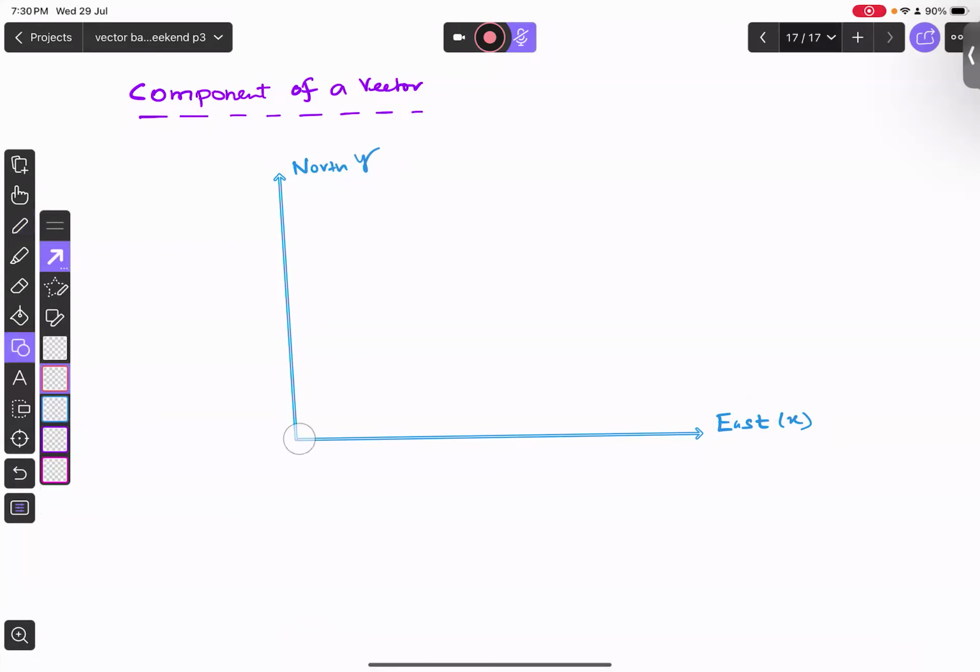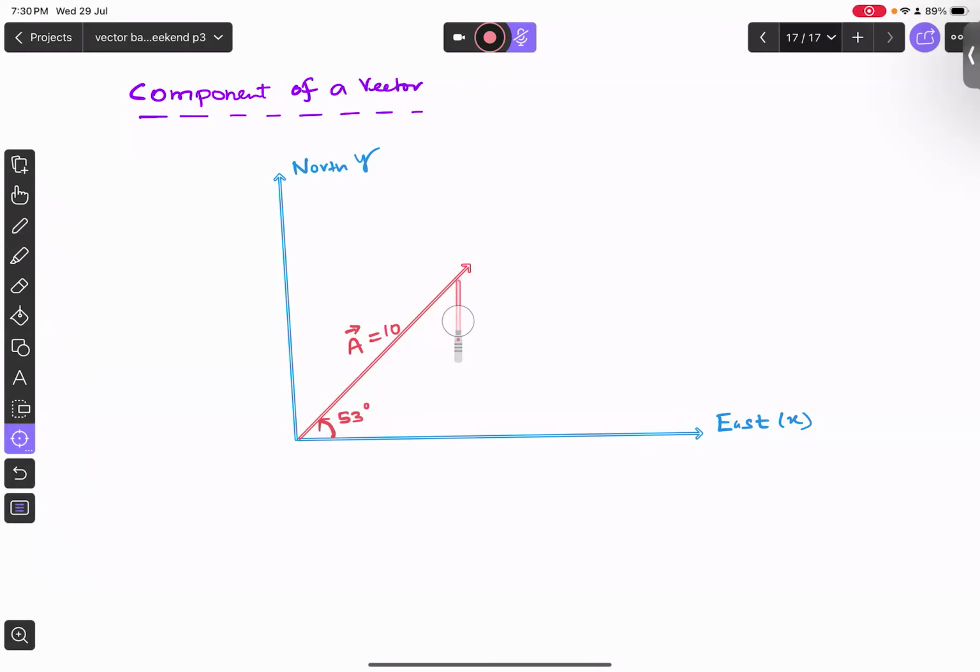And here is a vector A, which is of length 10 kilometers at an angle of 53 degrees from the eastward direction. So this vector A of 10 kilometers is not exactly northeast, it is 53 degrees north of east.